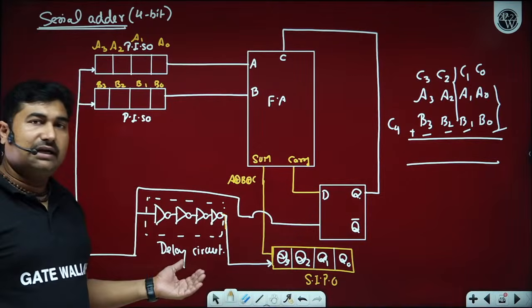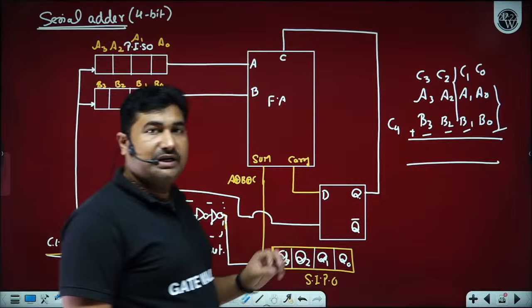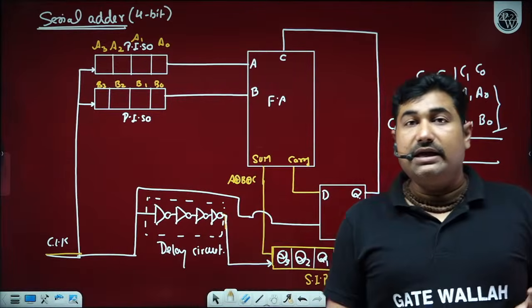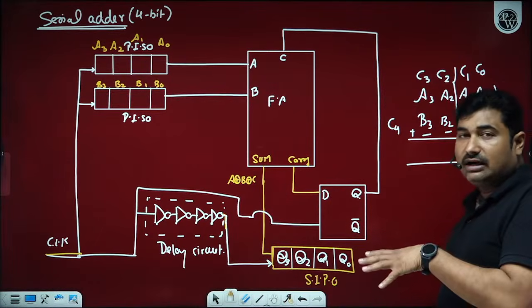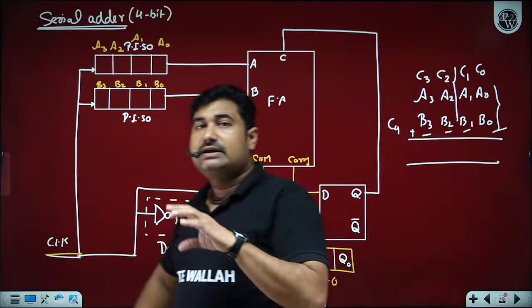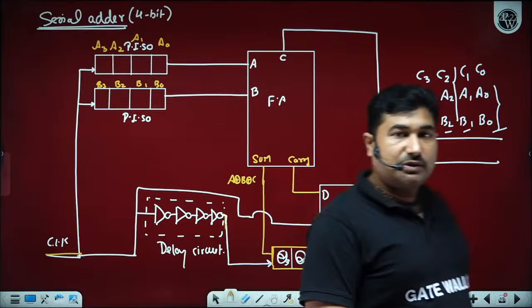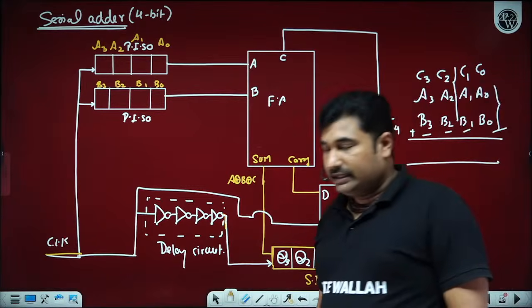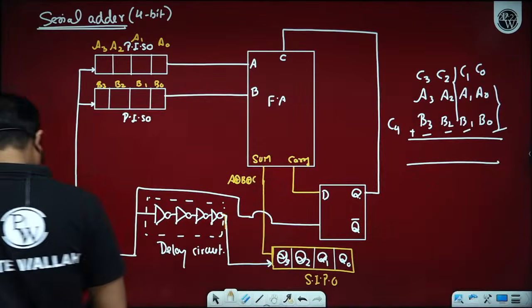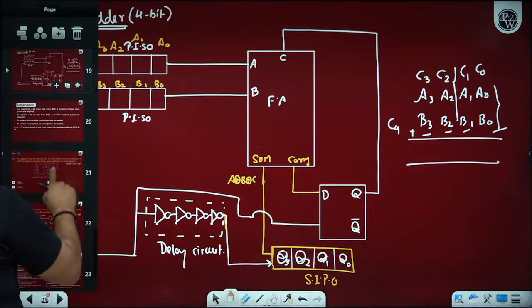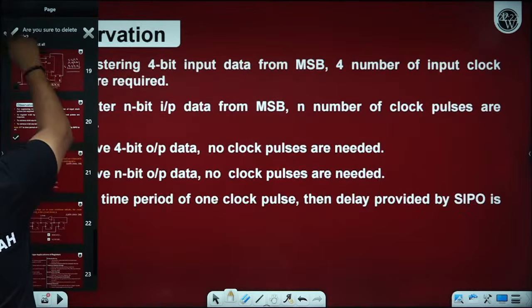So in a serial adder, to add n bit data, we require n clock pulses. When we started with the serial adder, I told you that we will discuss it after completion of the shift register. Hoping now you are able to recall that. Great. Hoping everyone is able to understand up to this part.